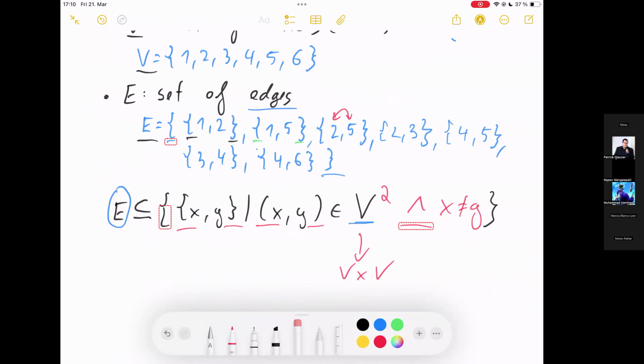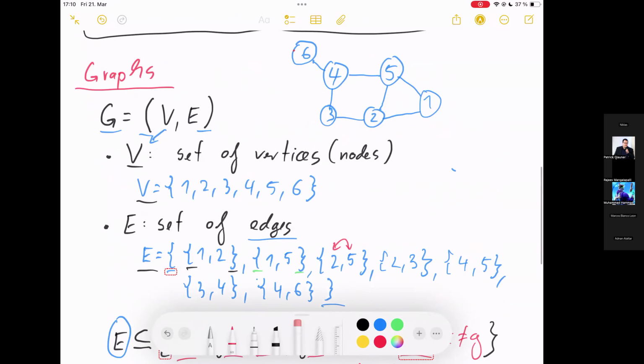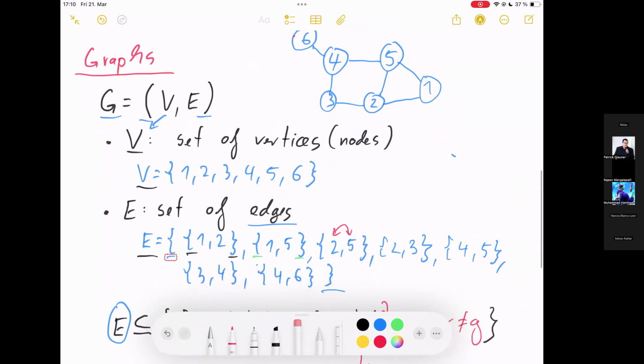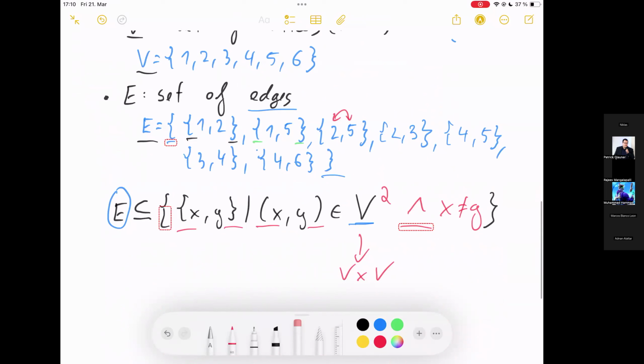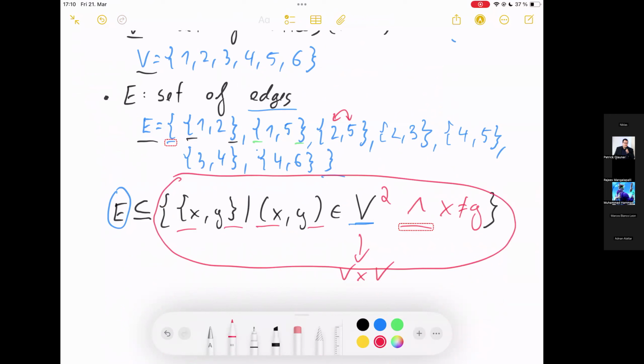And we've seen this example graph, and we don't want to allow loops for now. But we see that E is a subset of this one here. So the tuple x, y comes from V squared, so the Cartesian product of V with itself.